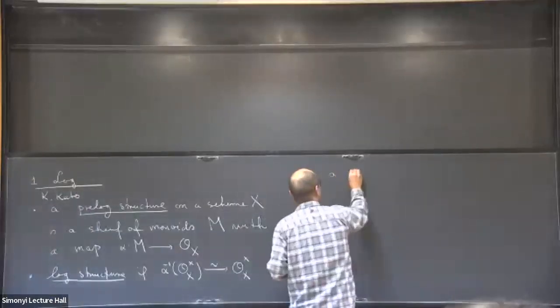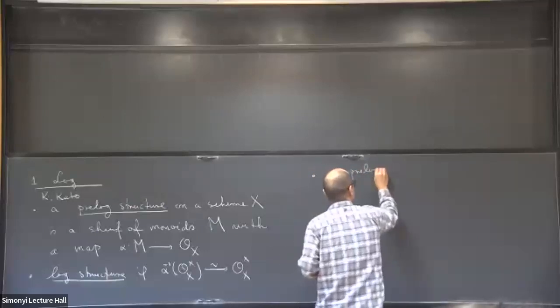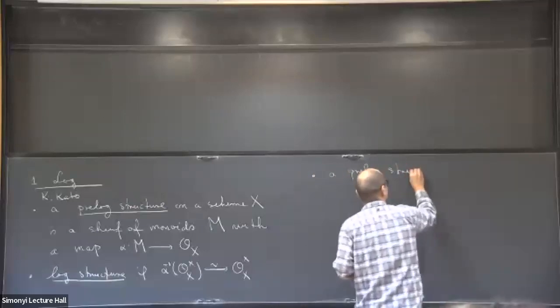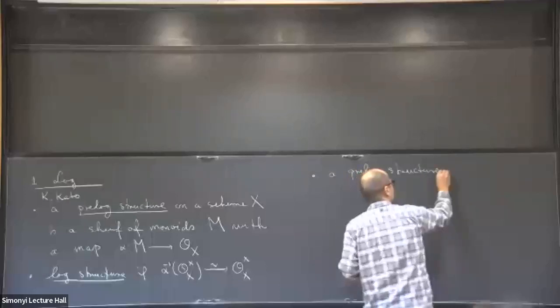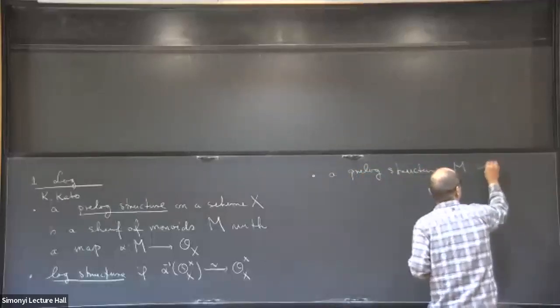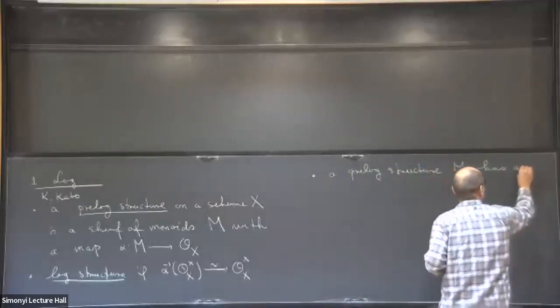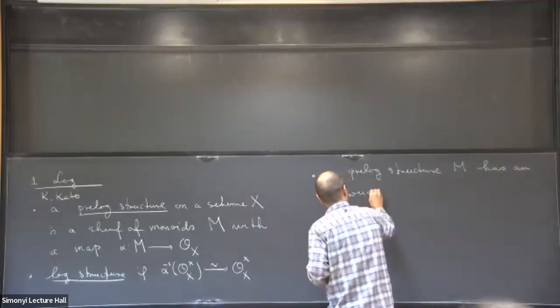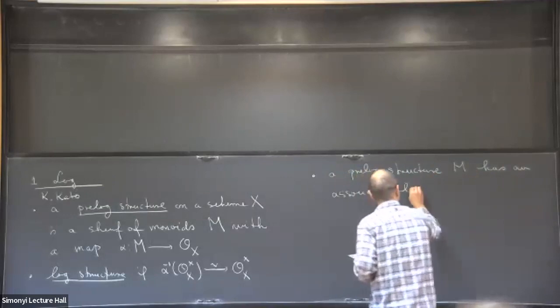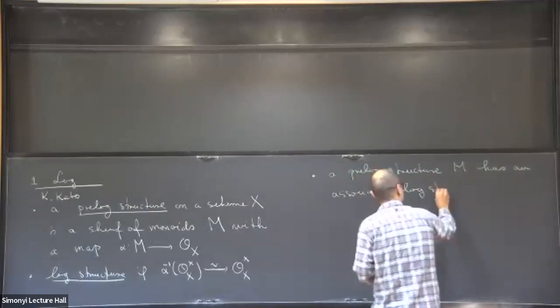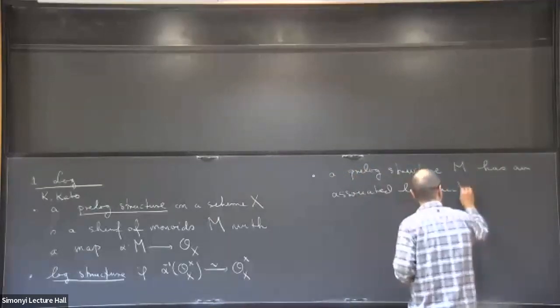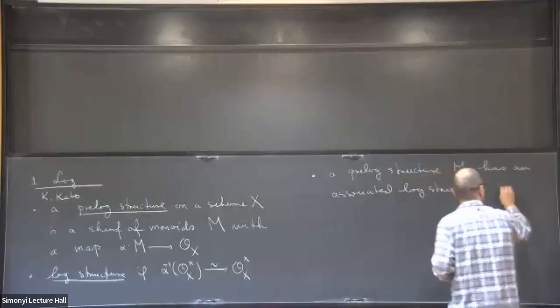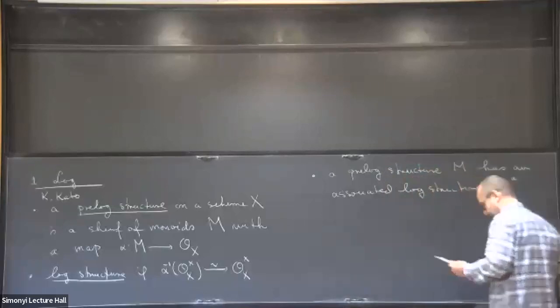So a pre-log structure has an associated log structure, which I'll denote with an upper a.